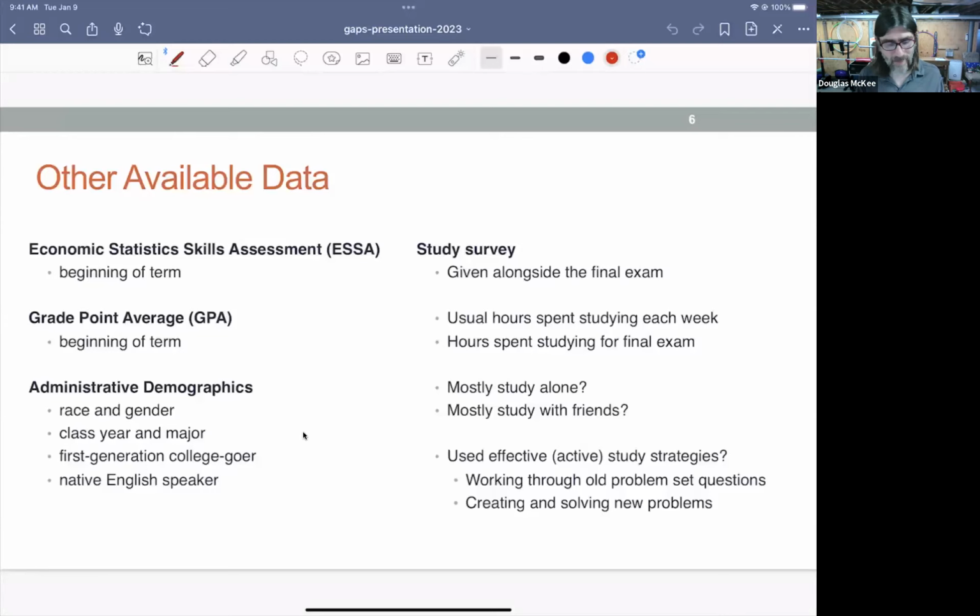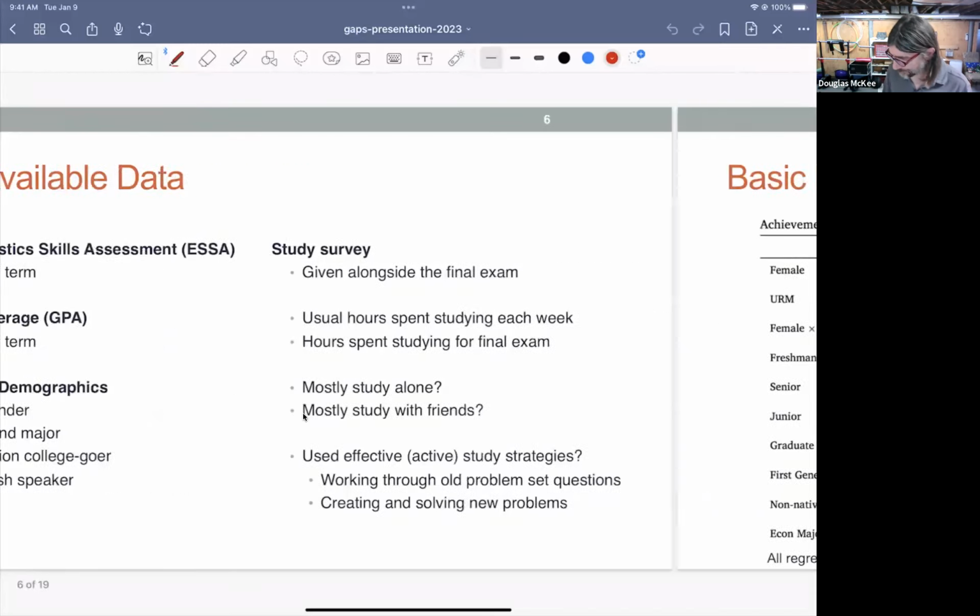And we made some semi-arbitrary decisions about what we considered effective, because we just wanted to distinguish the students that read the book and highlighted, which is not terribly effective, and the students that looked at old exams and then read the solutions, not very effective, versus the students that actually would do things, work through old questions themselves, create new problems. And we called those effective study strategies. Okay. So that's the data we're going to analyze.